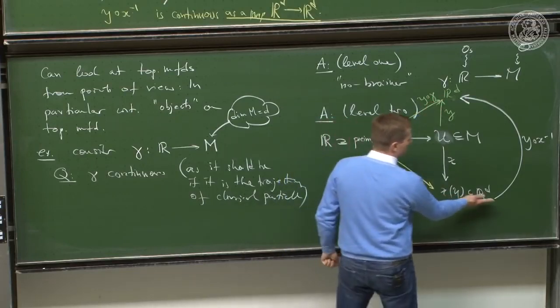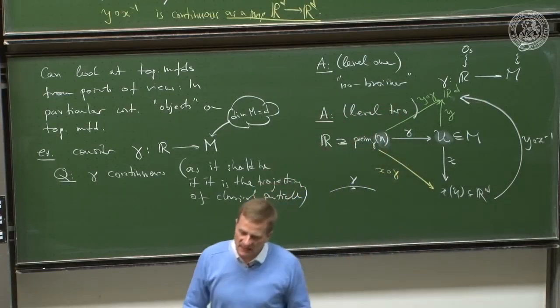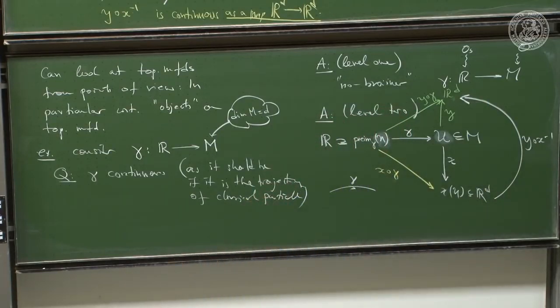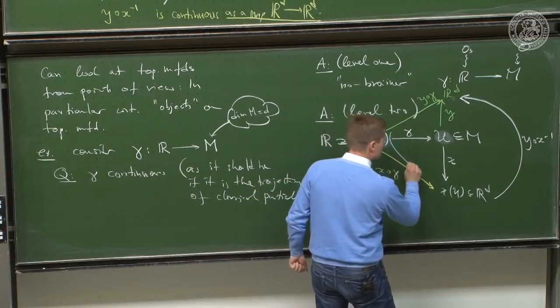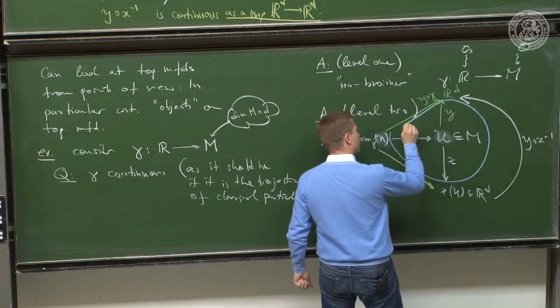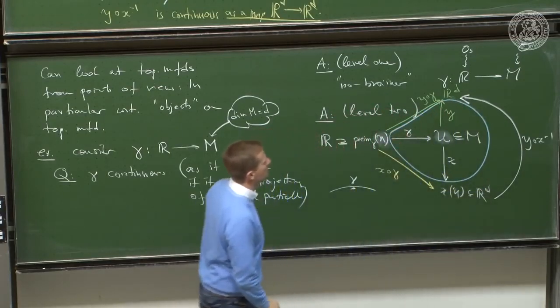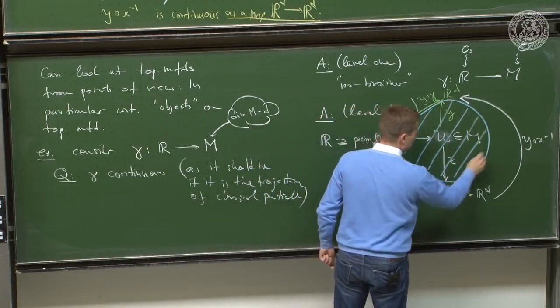So by looking at chart transition maps, you can entirely forget about these inner workings, which in some sense is the real world. You can fully forget about what is in the blue part of this.